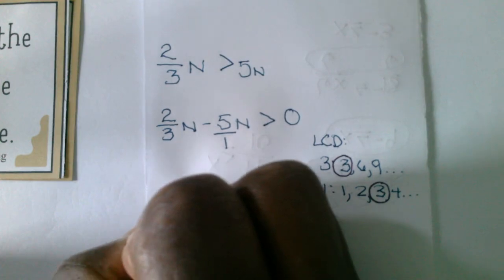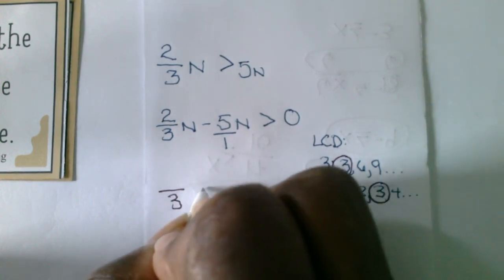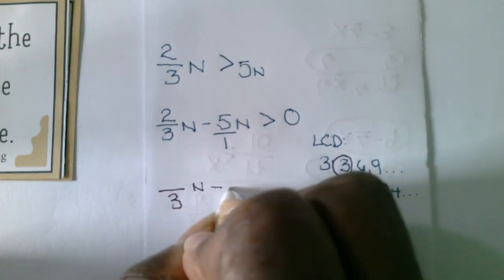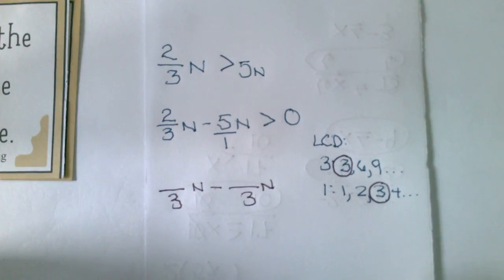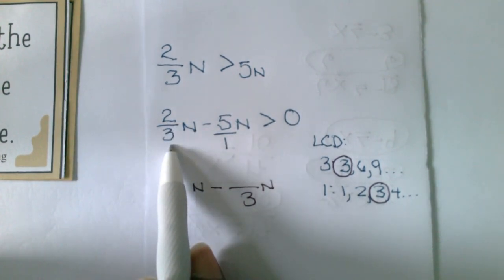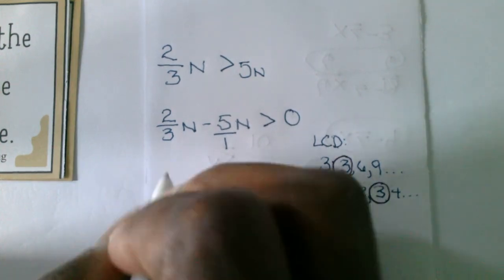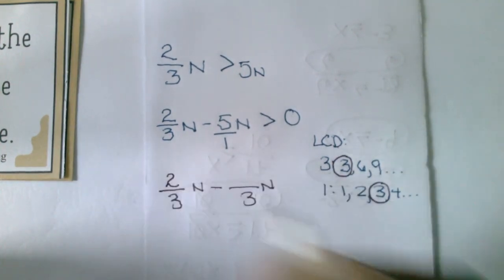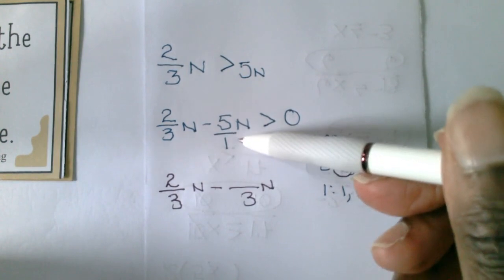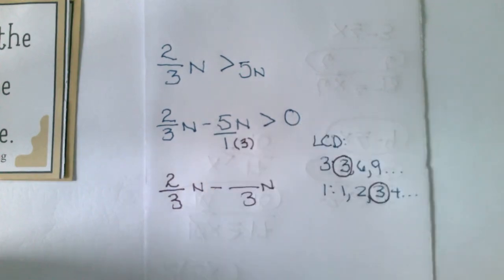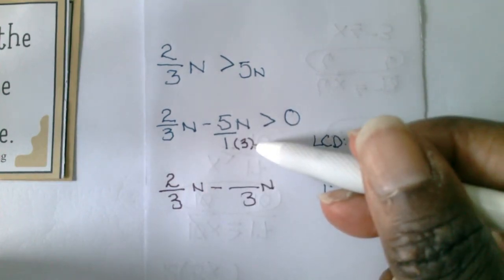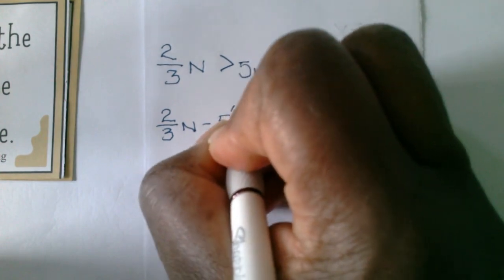So if we need our denominators to be 3's, that means right here it already has a denominator with a 3 in it, so we just have to bring that 2 down. But here I have to multiply this denominator by 3, and whatever I do to the denominator, I have to do to its numerator.